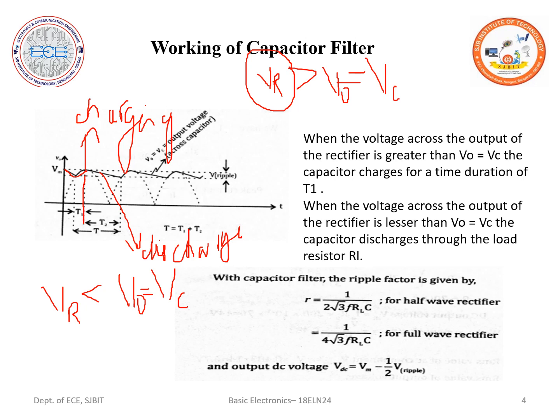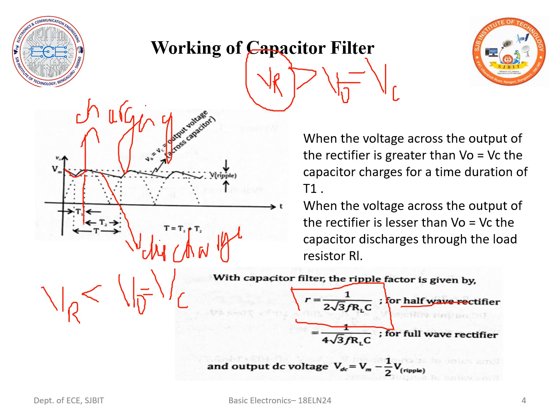For the half wave rectifier, the ripple factor is given by r is equal to 1 by 2 root 3 f RL C, where f represents the frequency, RL represents the load resistor, and C represents the capacitance value. So this is for the half wave rectifier.